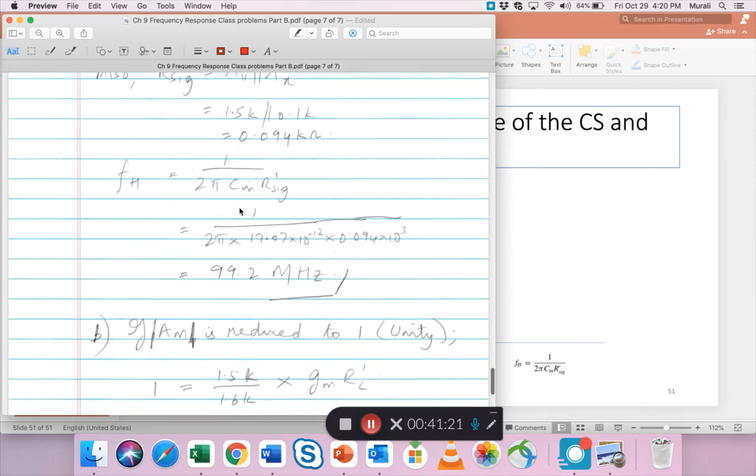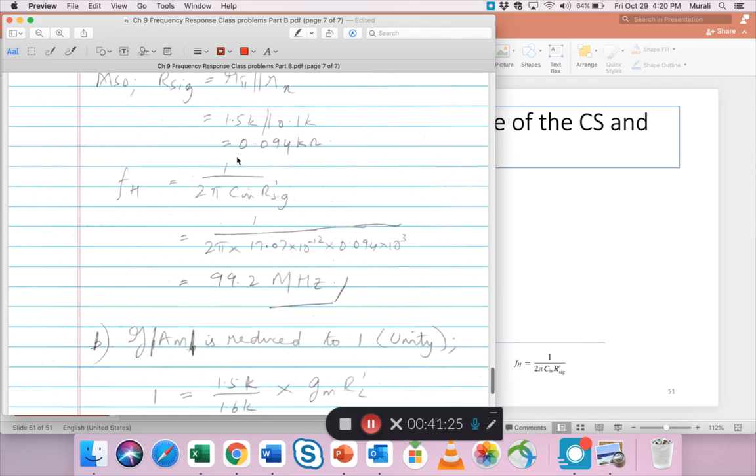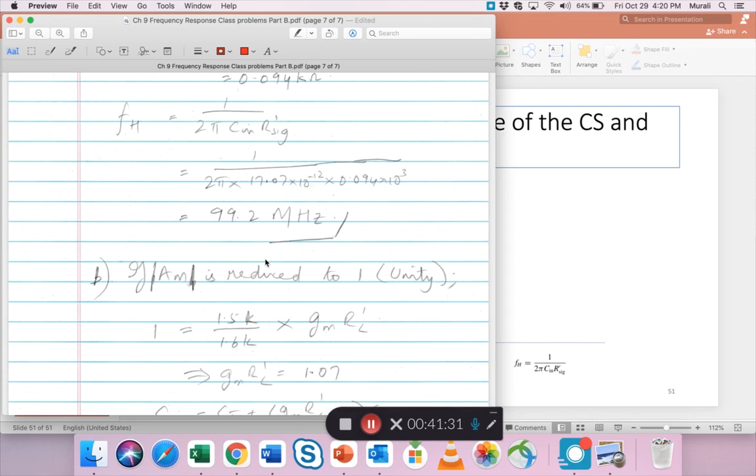So that's what you see. R signal prime becomes just this. You plug all that into FH and the formula, and you get 99.2 megahertz. Now the value is nice. It's in the megahertz, not just the kilohertz.